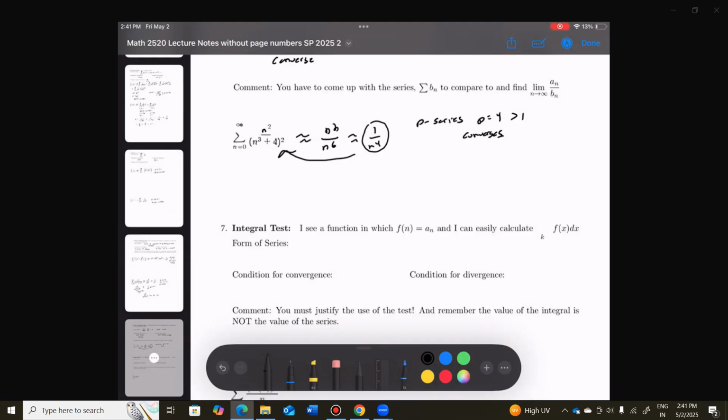And since n cubed plus 4 would be greater than this, oh, I'm sorry, it'll be less than this, it also will converge. Right, so n squared over n to the 3rd plus 4 squared also converges.